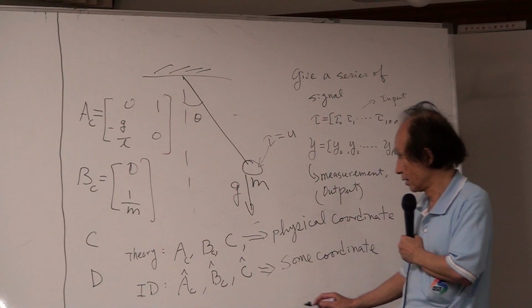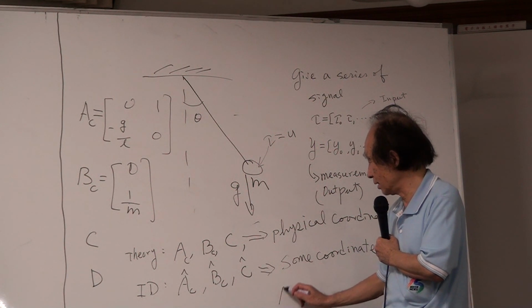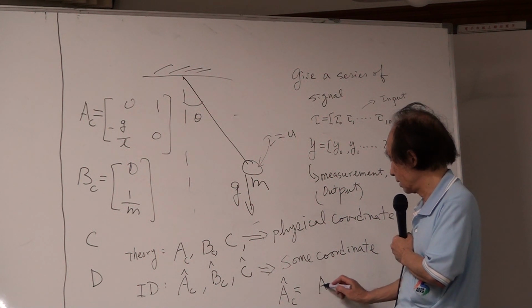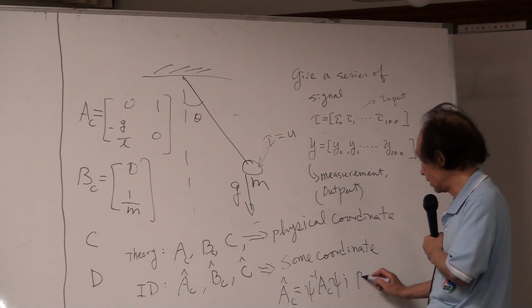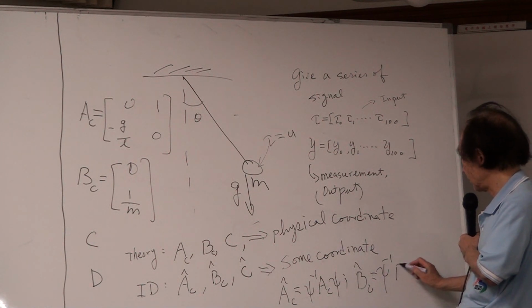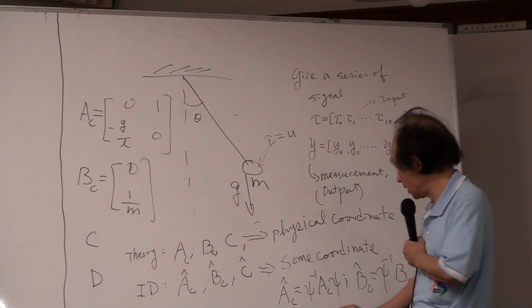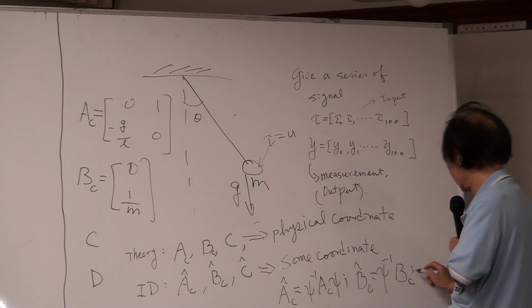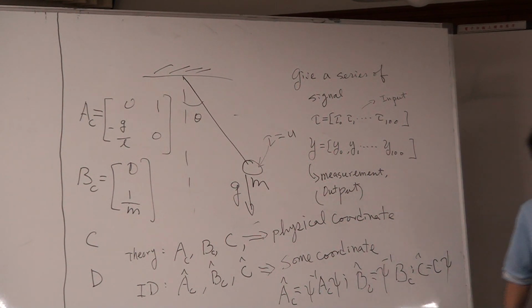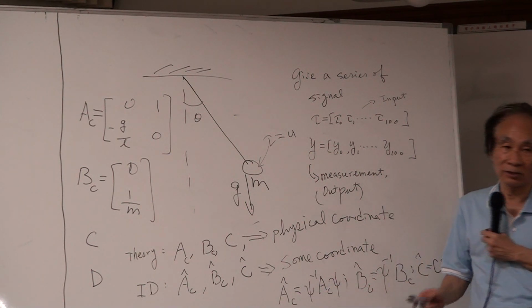That means A_C hat can be A_C, and B_C hat will be a transformation of B_C, and C hat equal to C psi, and psi is a transformation. That means the eigenvalue of A_C hat and the eigenvalue of A_C are identical.